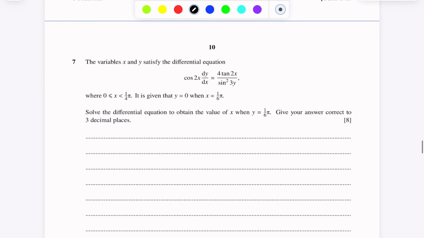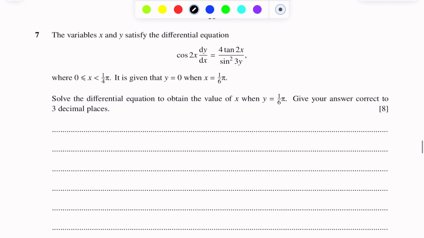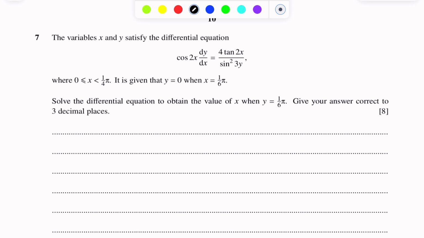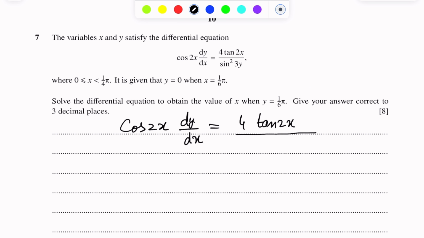Differential equation is cos 2x dy over dx is equal to 4 tan 2x over sine square 3y.